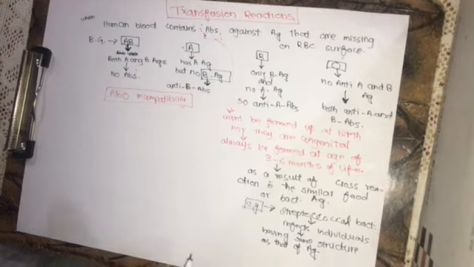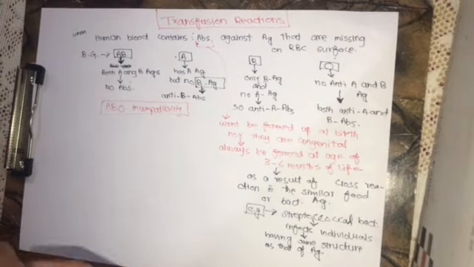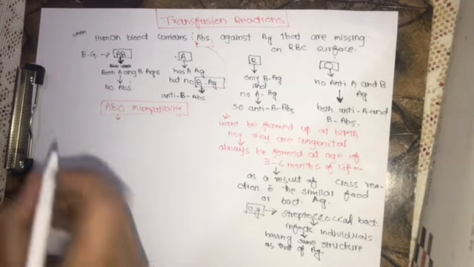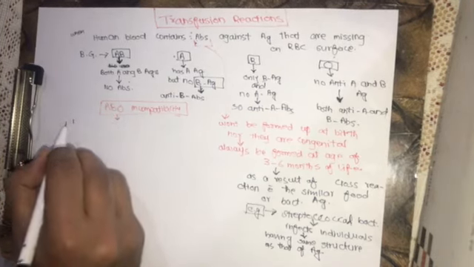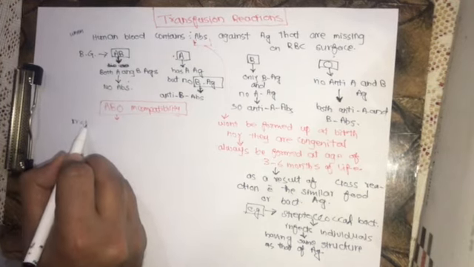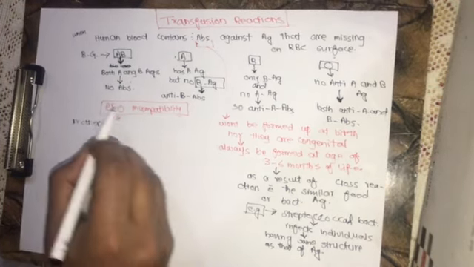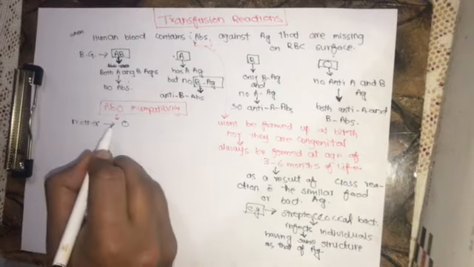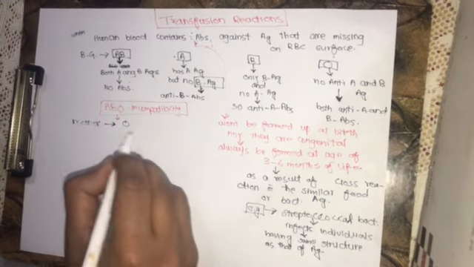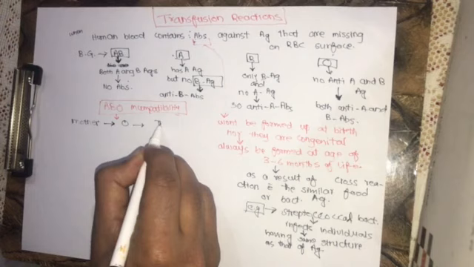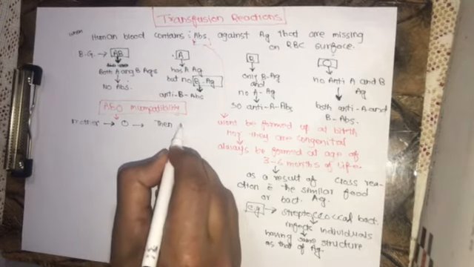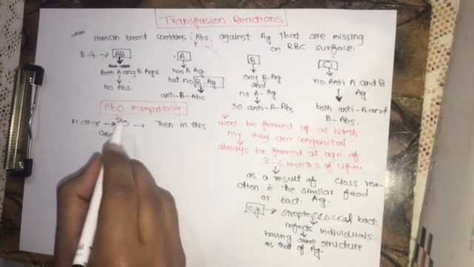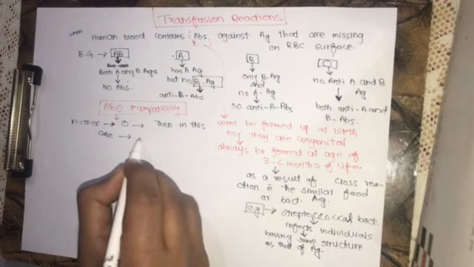So moving on to ABO incompatibility. In ABO incompatibility, you should know that when the mother has blood group O, this ABO incompatibility can produce hemolysis.